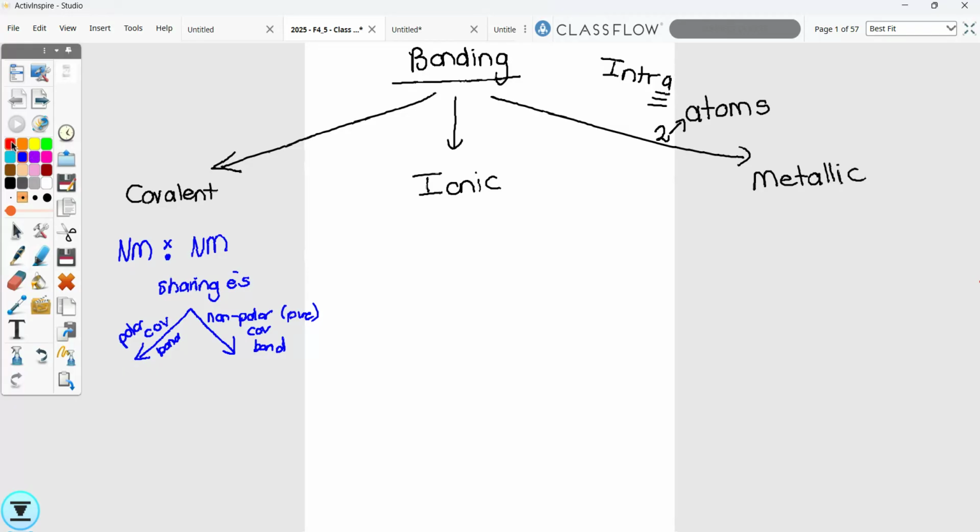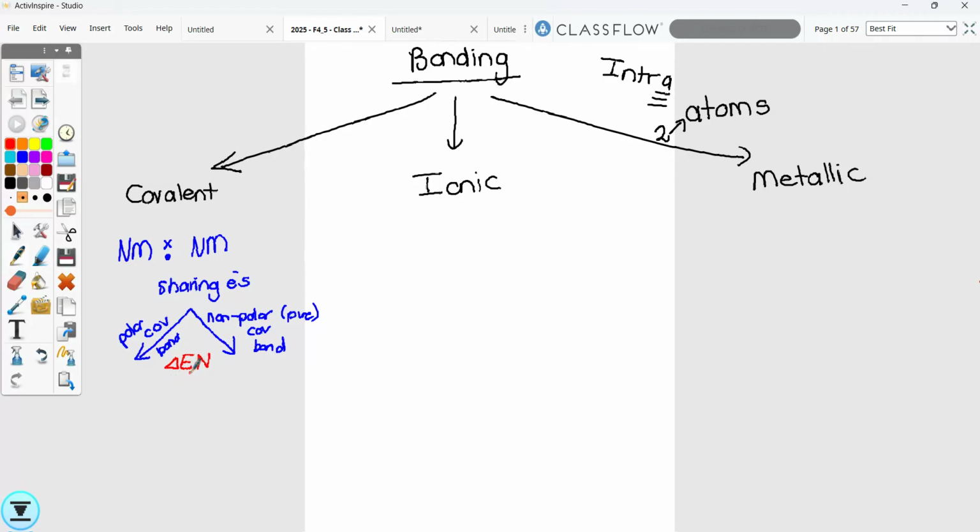How do you decide here whether it's polar or non-polar? Say it, Kutsu. The electronegativity. You look at the difference in electronegativity, yes. Now, can you say either non-polar or pure? Yeah, it's fine.